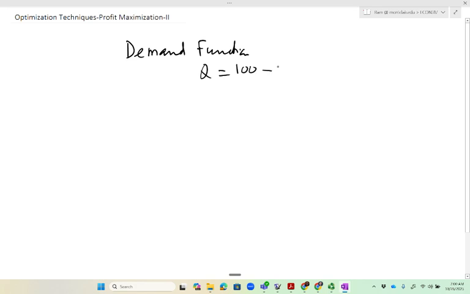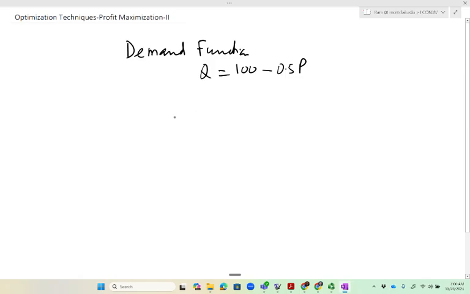In this video, we will solve a profit maximization exercise given the demand function instead of inverse demand function. So let's have the demand function given by Q equal to 100 minus 0.5p.